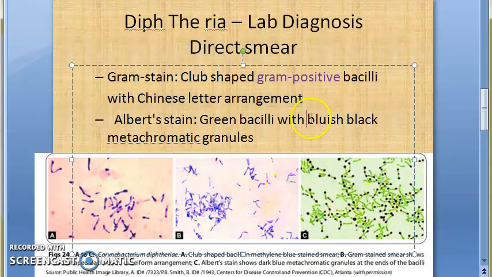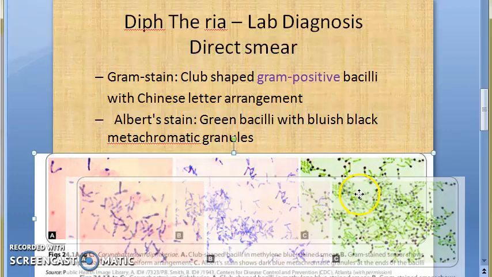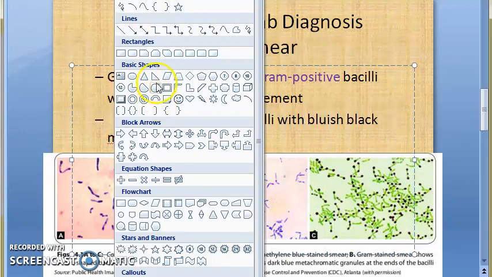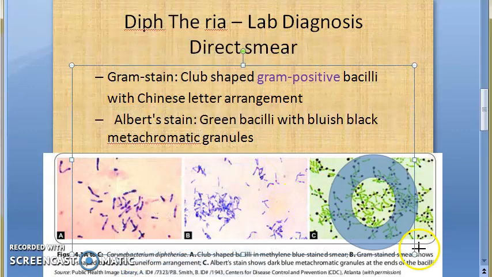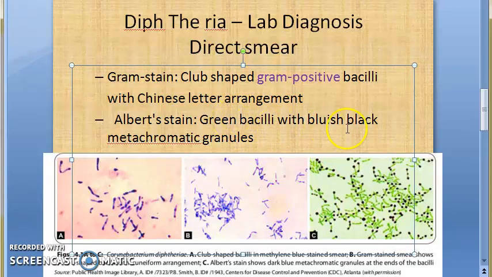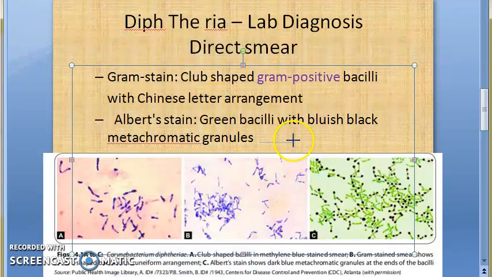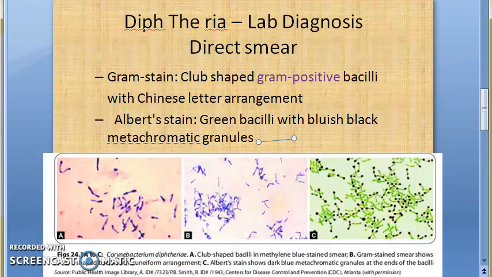Then this is Albert stain, the third one. Albert stain, green bacilli with the bluish black metachromatic granules. Let me put the shape of how you should draw the green bacilli.